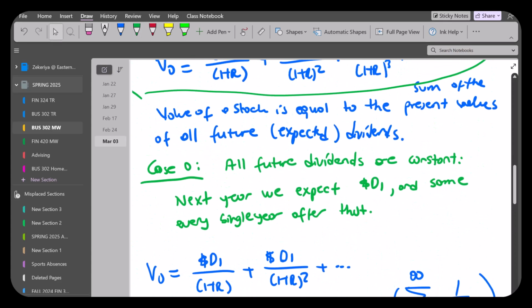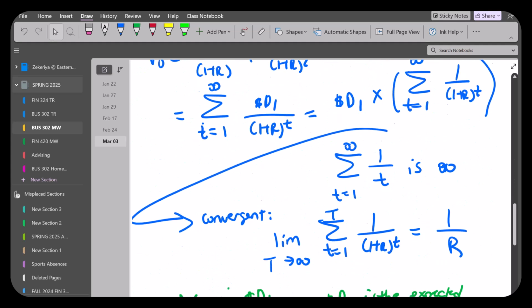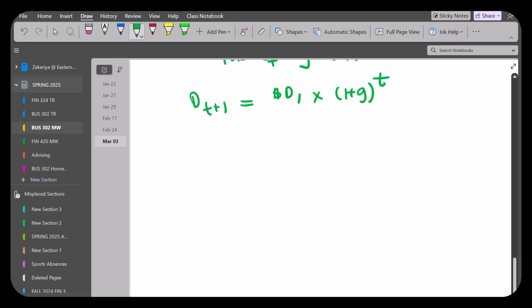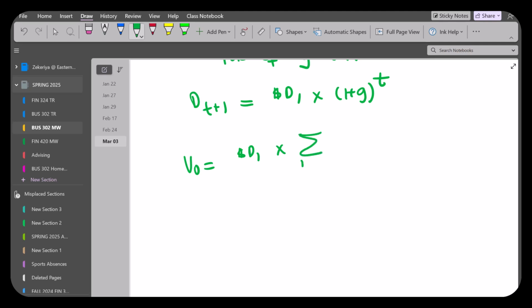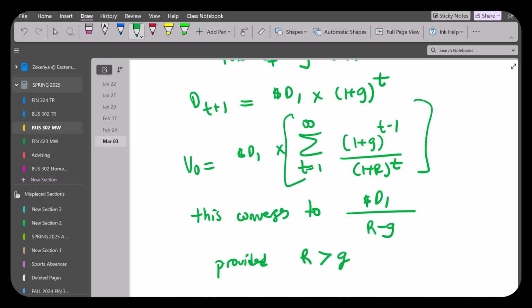So if I go back to this generic equation and put them in, I can write that as, and this converges to, provided the discount rate is greater than the growth rate.